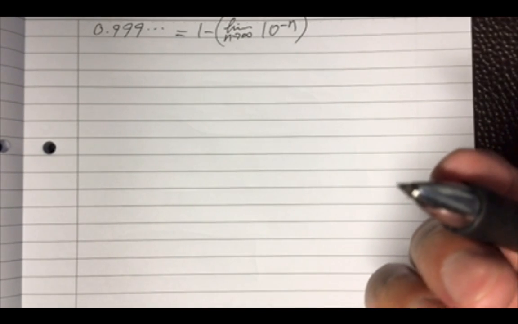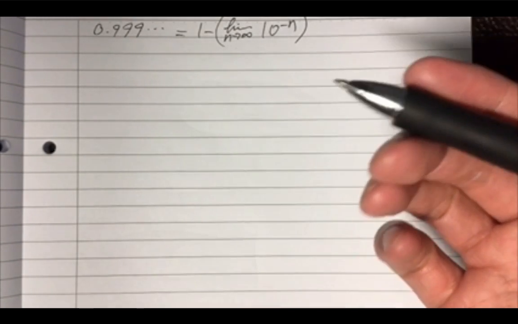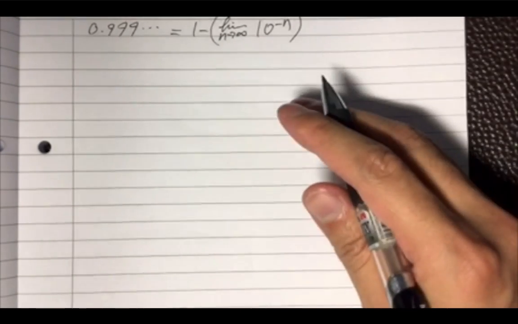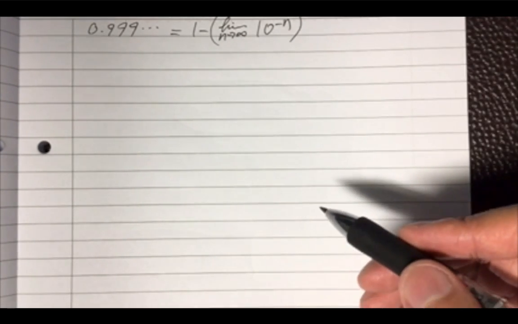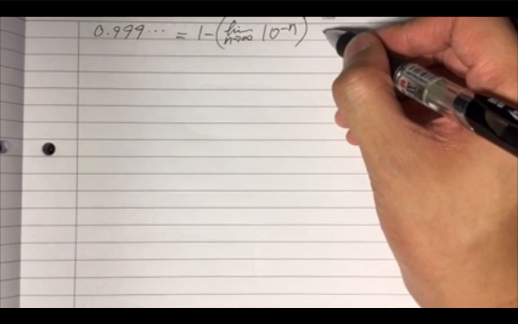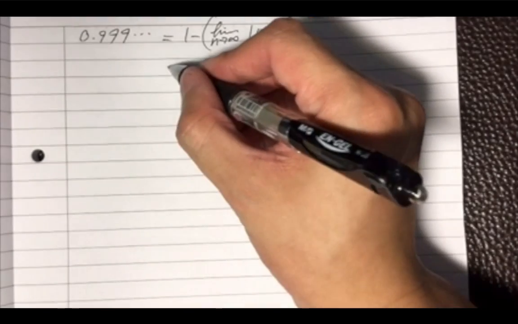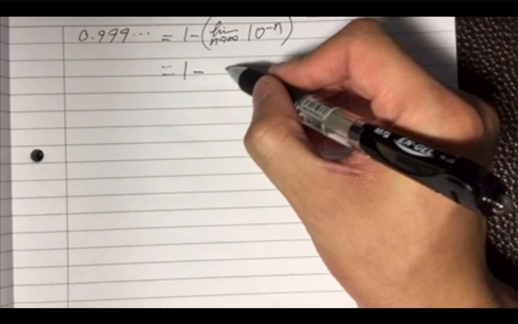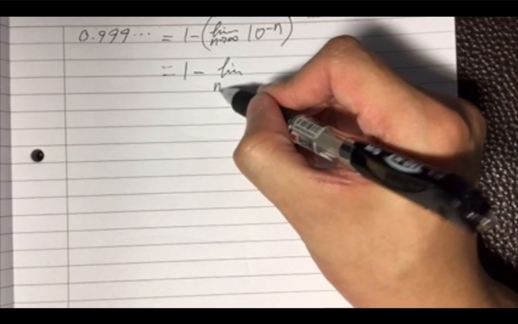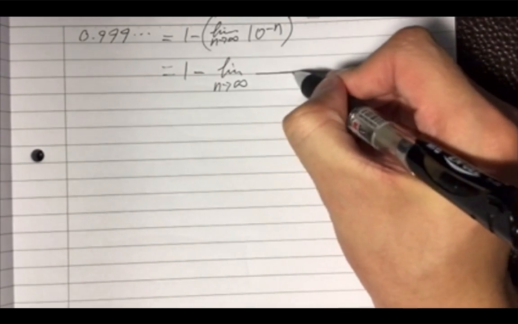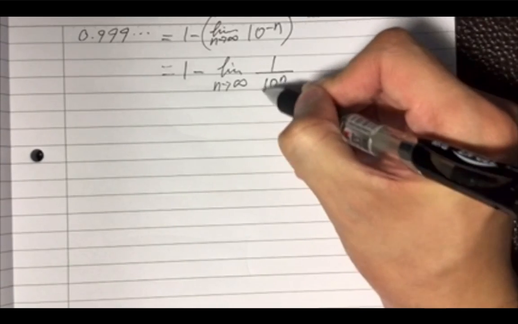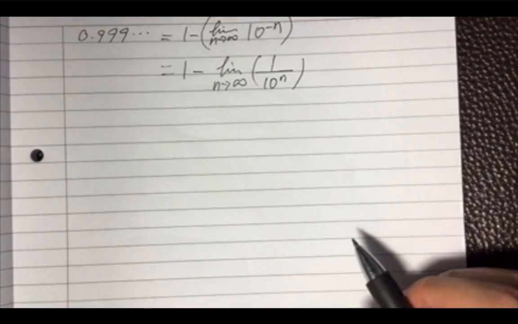But we know there is something we can do about it, which is to simplify. So we simplify the whole term this way. It's 1 minus the limit n to infinity of 1 over 10 to the power of n.